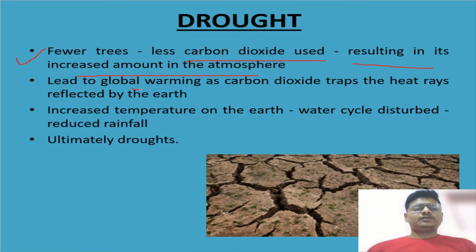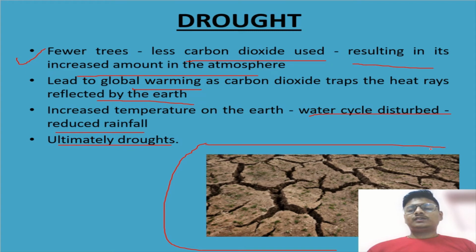Then it will lead to global warming, as carbon dioxide traps the heat reflected by the earth. Increased temperature on the earth will lead to water cycle disturbance and reduce the rainfall. Ultimately we will see drought. This is a consequence of deforestation.